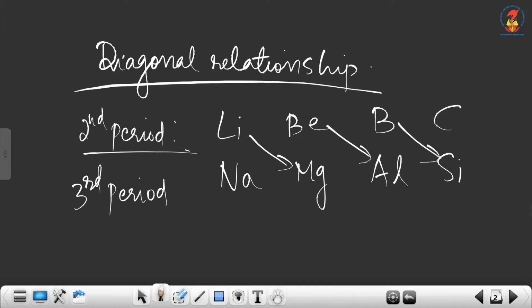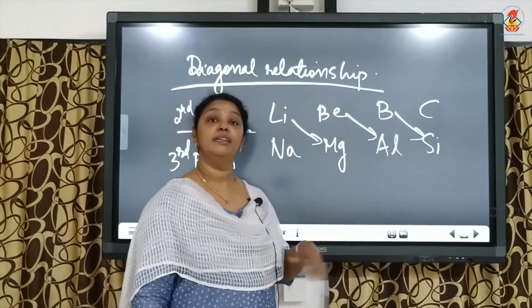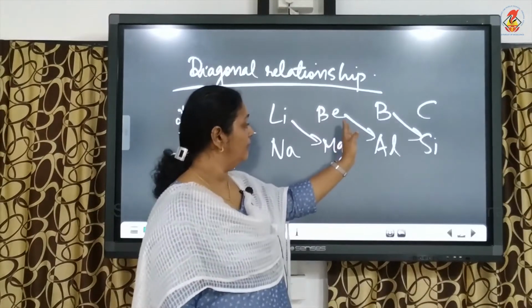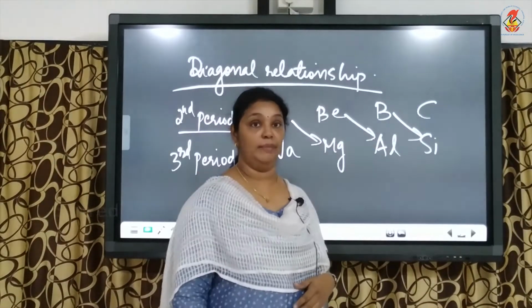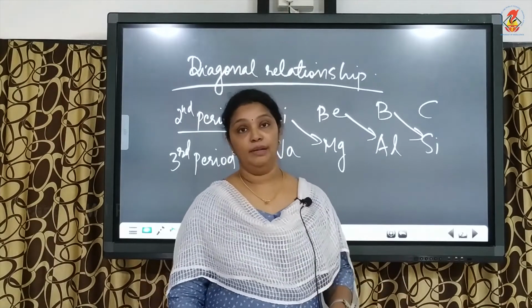What do you mean by diagonal relationship? The similarity of properties of elements present diagonally in the periodic table. So due to the diagonal relationship, they show similar properties. Lithium shows a diagonal relationship with magnesium. Beryllium shows a diagonal relationship with aluminium, which means the properties exhibited by beryllium are also exhibited by aluminium.